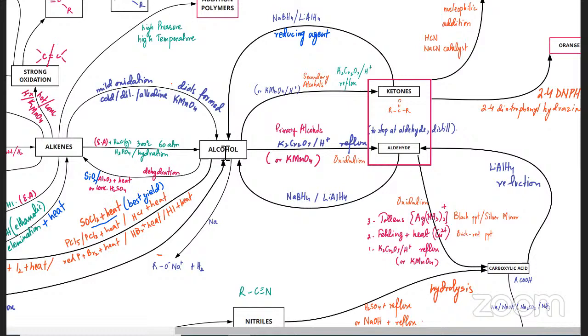To stop at aldehydes, you would have to distill at some point, because you would have to take out the aldehyde from the mixture. Correct. Sir, this same reduction we could do with NaBH4. But the carboxylic acid only gets reduced by LiAlH4. The others will get reduced by both.